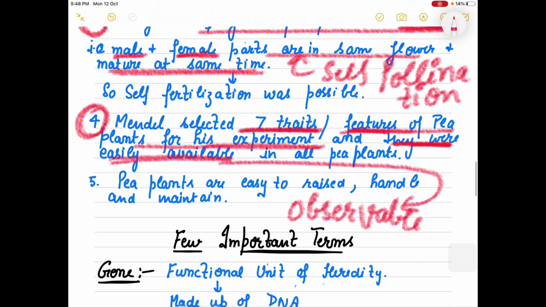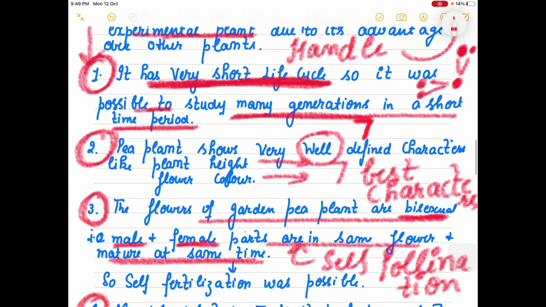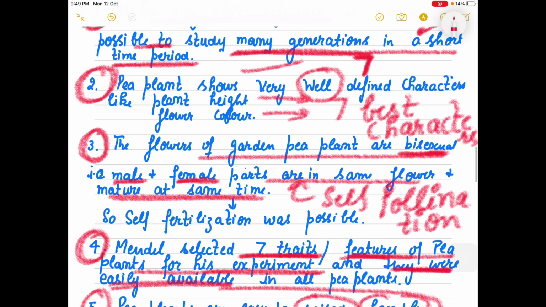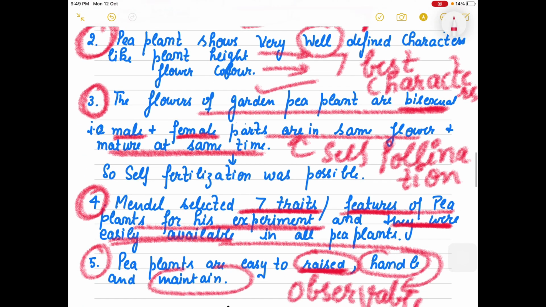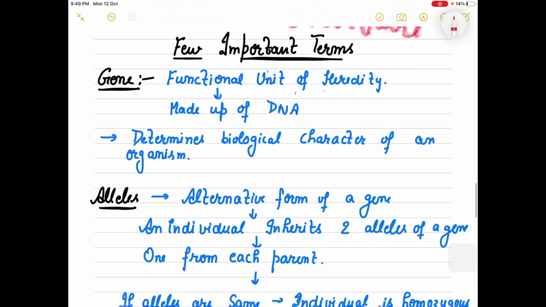And last, it is easy to handle, easy to maintain, easy to raise, and easy to get results. So that is why he chose the pea plant: because of its short life cycle, its well-defined features, and because it is bisexual, so self pollination as well as fertilization was very possible, and it was easy to raise, handle, and maintain.